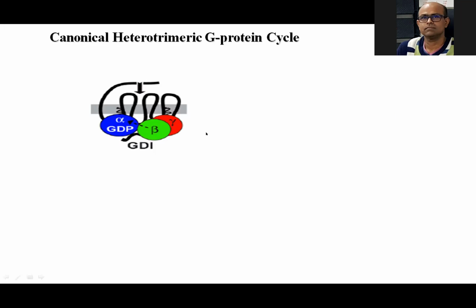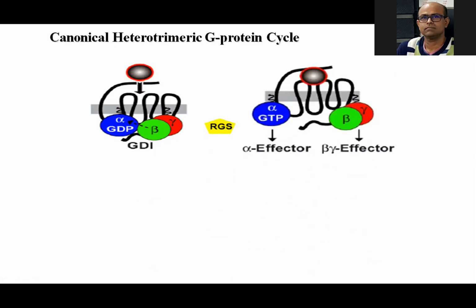So when any stress or any other effector comes and binds to this receptor molecule, it would lead to activation of the receptor. And this would be nothing but a change in the conformation of the proteins. These are nothing but proteins, right?